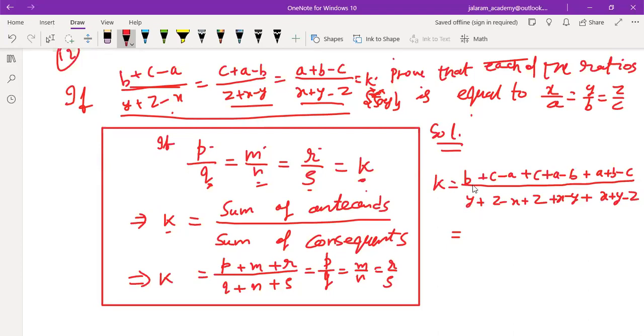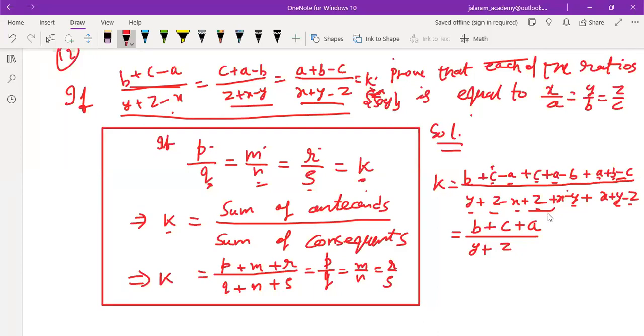So in the numerator, b cancelled out, and one more b is also there, so first of all we write b. Then c plus c, 2c minus c equals c, so it is plus c. Minus a plus a cancelled out, and the next term is plus a. Over the denominator, y minus y cancelled out, plus y, so y will be there. z plus z, 2z minus z, it is z.